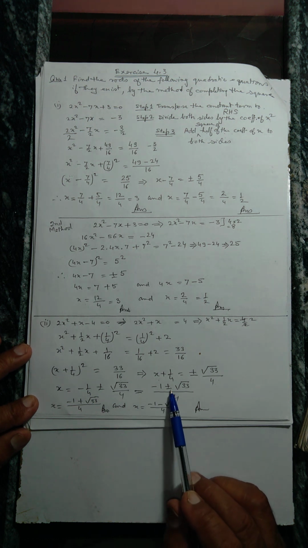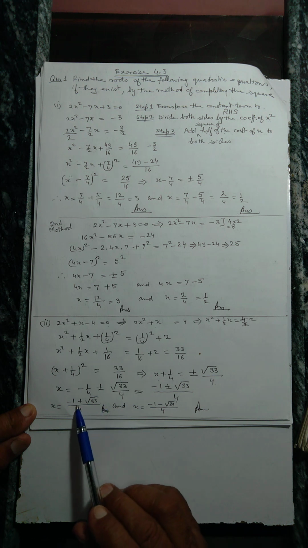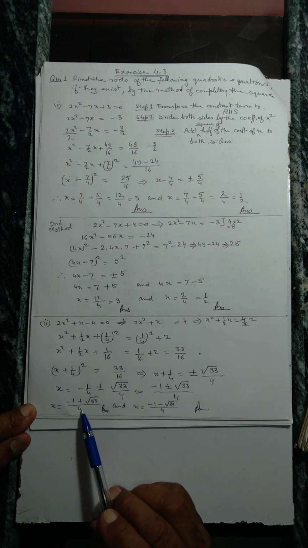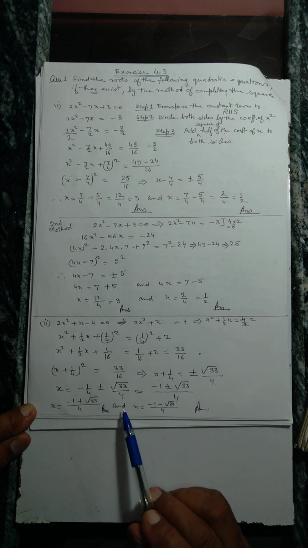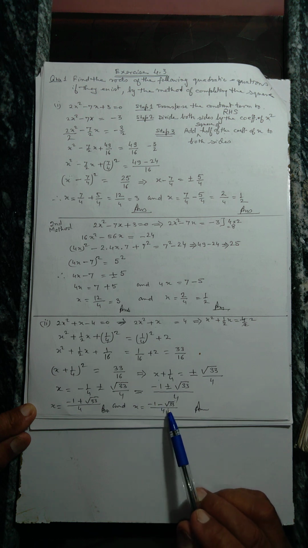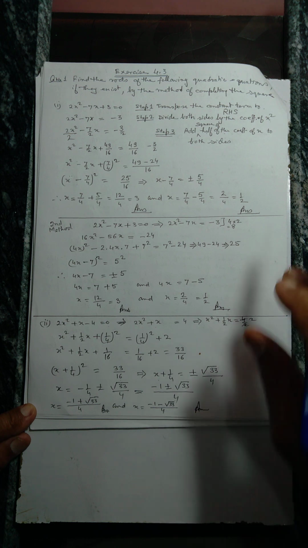So minus 1 plus or minus root 33 upon 4. With the plus sign, x equals minus 1 plus root 33 upon 4, this will be one answer, and x is equal to minus 1 minus root 33 upon 4 will be the second answer.